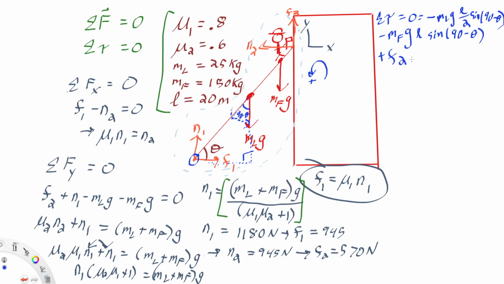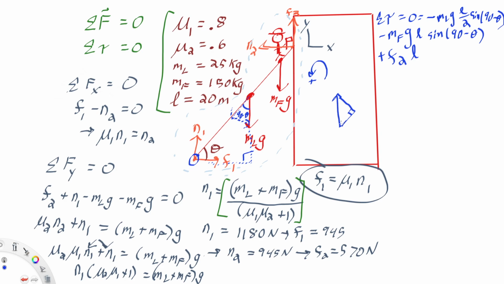It's a full length of the ladder away from the axis of rotation. And then we just have to worry about the angle. So if friction is going straight up, then that's going to be partially parallel to the ladder, partially perpendicular to the ladder.